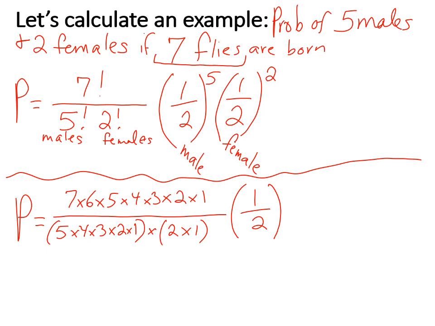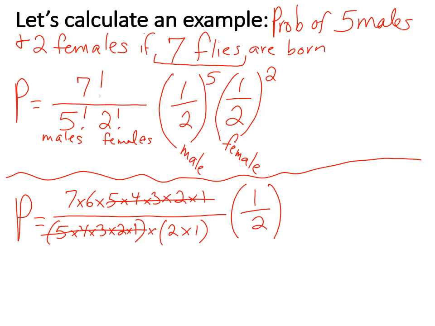Now, when you have those factorials on top of each other, you can cross out what's the same on top and bottom. So having 5 times 4 times 3 times 2 times 1 on top, we then cross out the 5 times 4 times 3 times 2 times 1 on the bottom. And so you're left with 7 times 6 on top and 2 times 1 on the bottom.